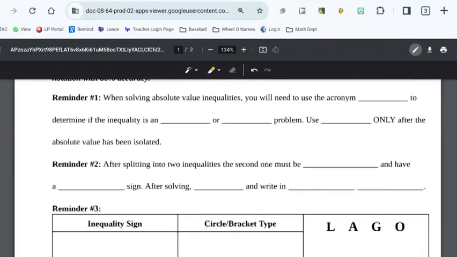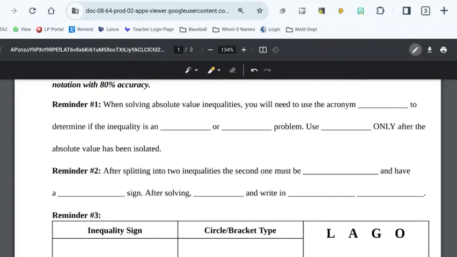So a few reminders before we get started with the new content. Reminder number 1, when solving absolute value inequalities, you will need to use the acronym LAGO, L-A-G-O. We talked about that yesterday in Day 5 notes. We're going to use LAGO to determine if the inequality is an AND or if it's an OR problem.